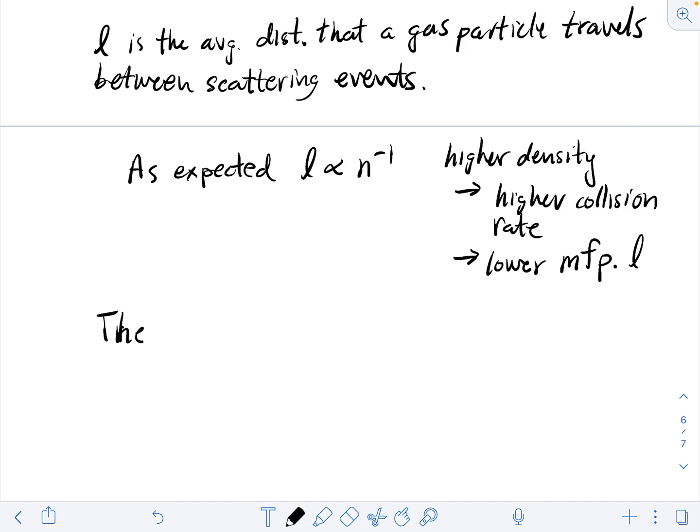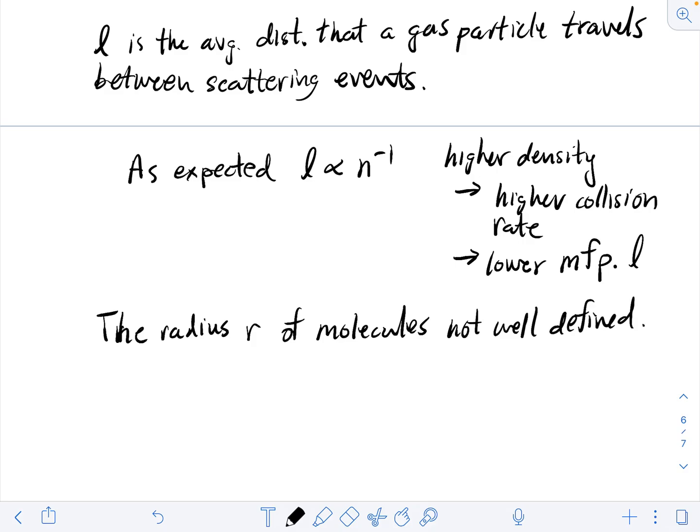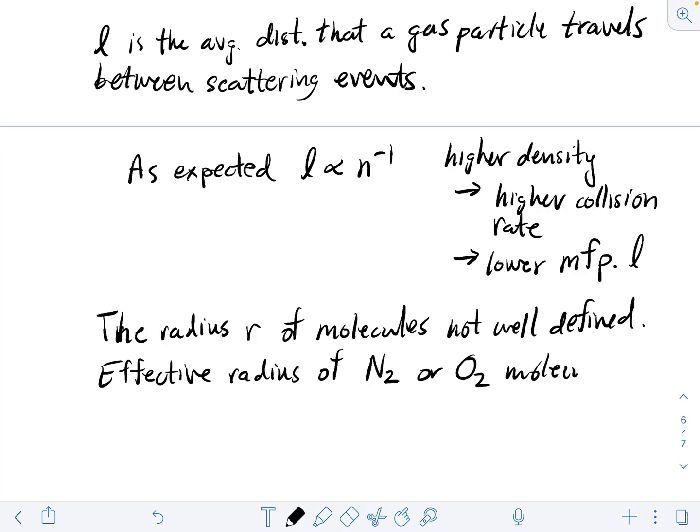So the radius R of gas molecules is not well defined, but we can work out an effective radius of, say, nitrogen or oxygen molecules.